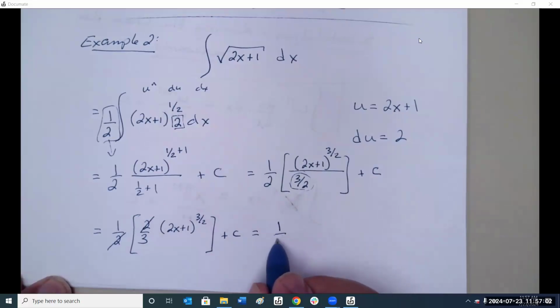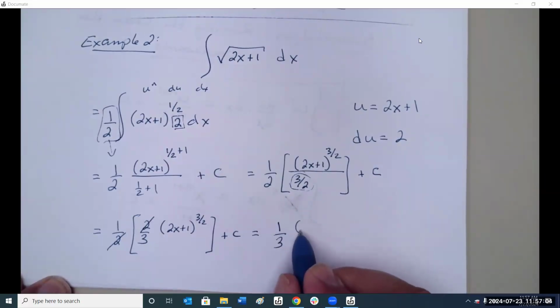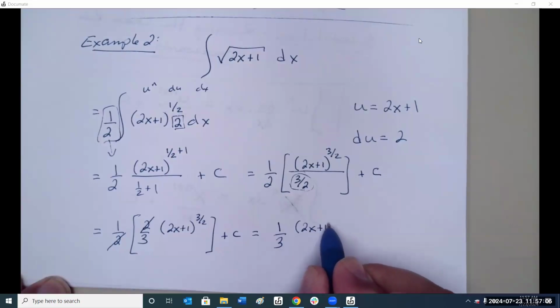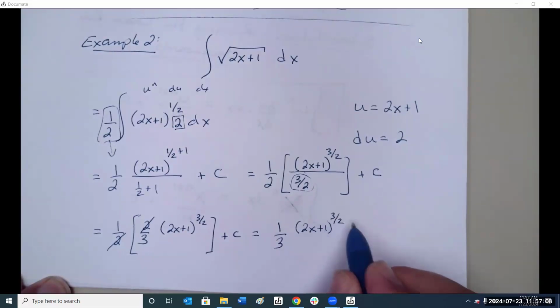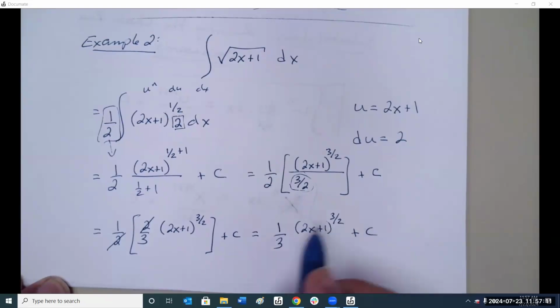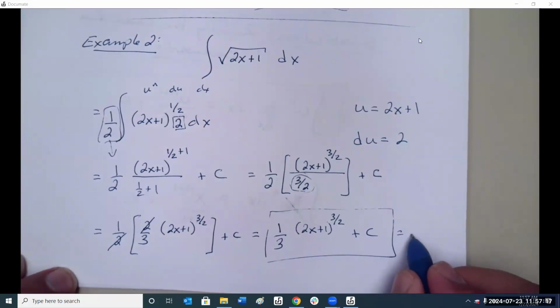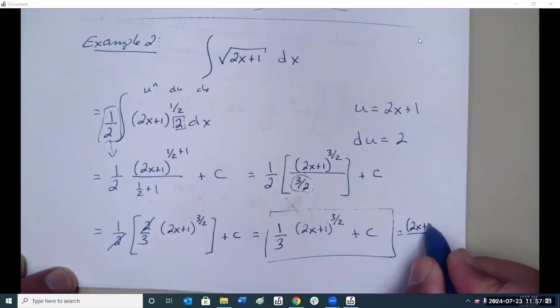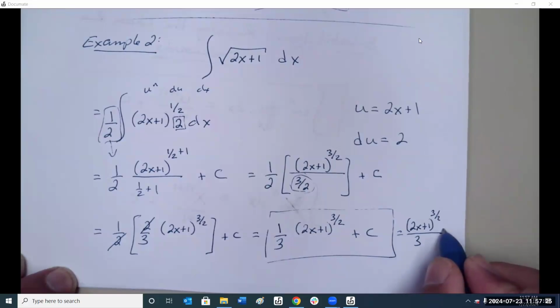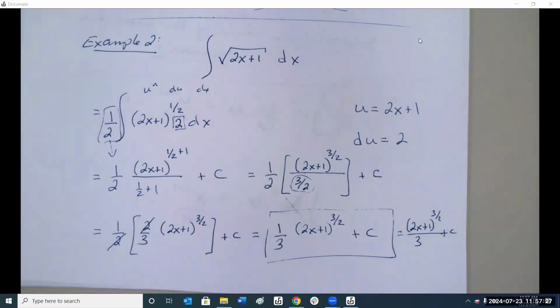So we get 1/3 times 2x plus 1 to the 3/2 power plus c. And there's your answer. Or if you want to make it look nicer, you could put 2x plus 1 to the 3 halves over 3 plus c.